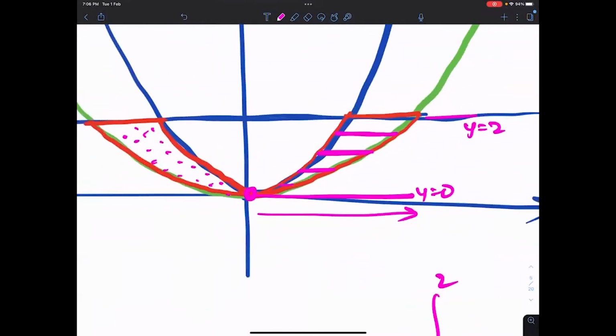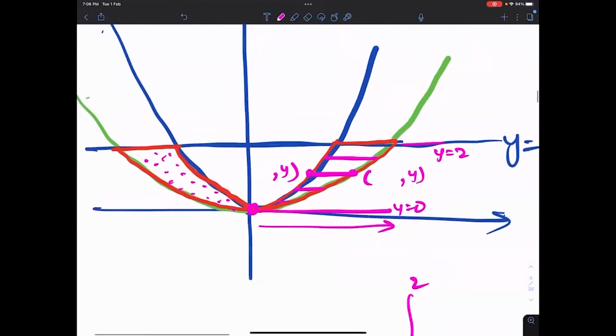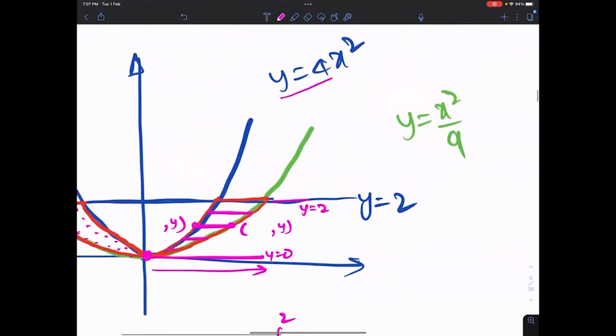Now once I take a horizontal strip, both ends will have the same y coordinate. So the x coordinate I need to write. For the blue curve, how to write the x coordinate in terms of y? Your x will be root over y by 4, which is root y by 2. You may say, sir, minus root y by 2 also will come, na?